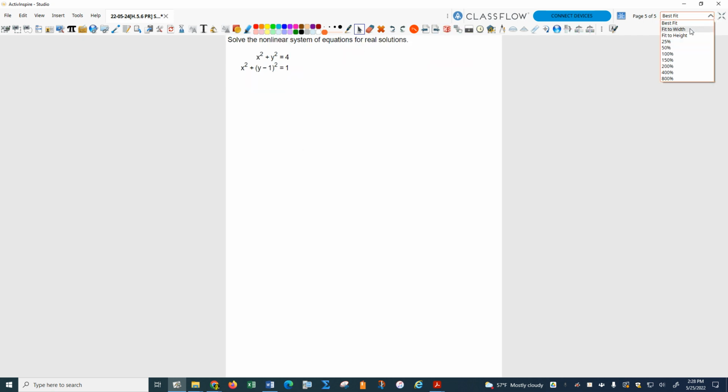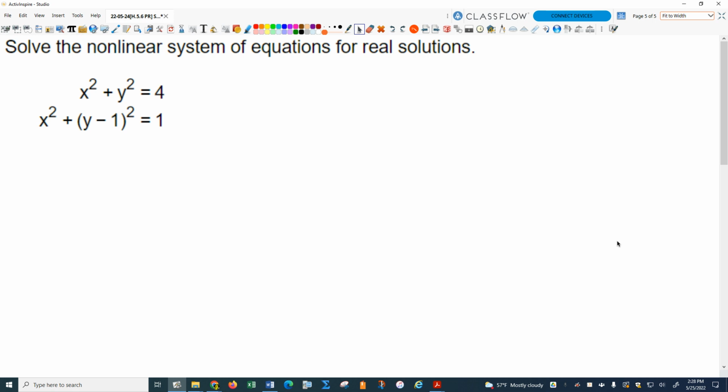Okay, last one. What about this guy? Substitution or elimination? I'd do elimination, don't you think? Which term would we want to eliminate? X squareds, yeah. So how about if we multiply the top one by negative 1, and the bottom one we leave alone.